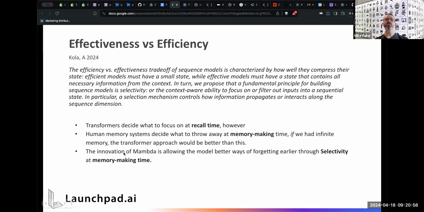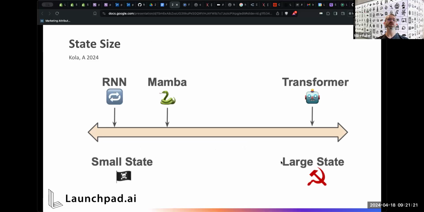But if we had infinite memory, the transformer approach would be a much better approach than deciding what to throw away at memory making time. But we don't have infinite memory. So the innovation of Mamba is allowing the model better ways of forgetting earlier through selectivity at memory making time. You can think of it in that kind of analogy.